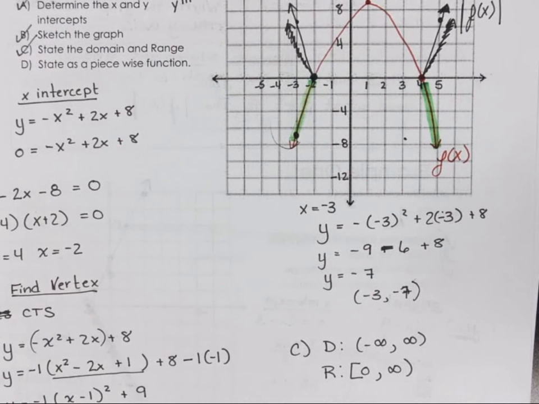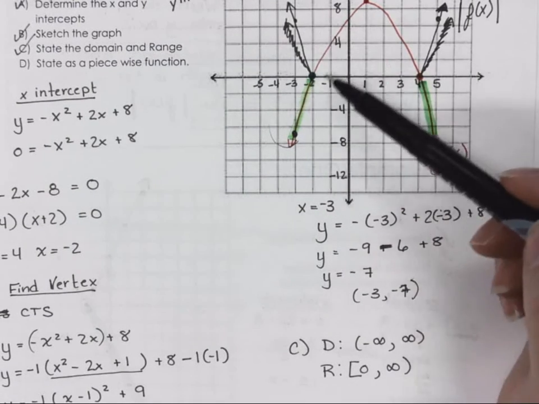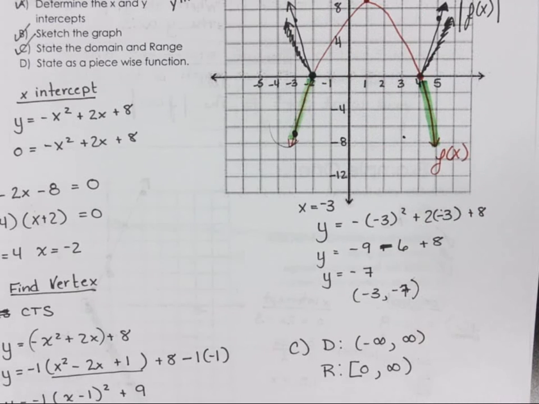Okay, now we're going to do our piecewise function. So I break my parabola down into 2 parts: the hump and the arms. How many arms do most people have? 3.